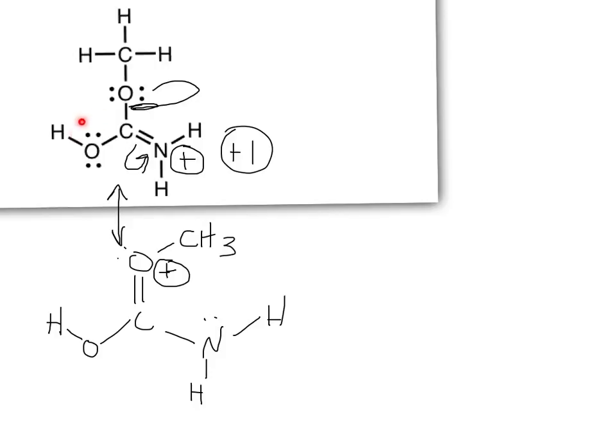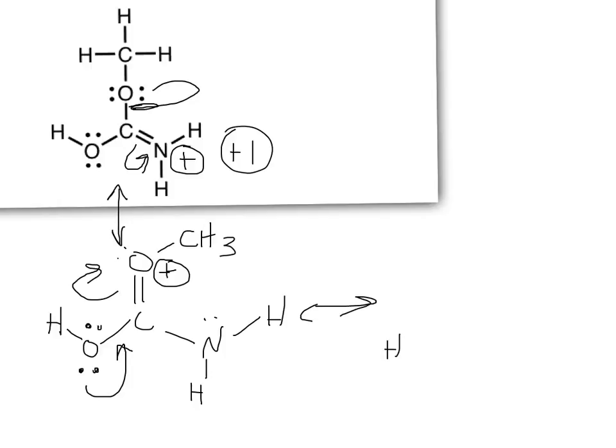There's another resonance structure, and I could use a lone pair on this oxygen, or if we start from this resonance structure, let's put that lone pair in, and there's 2 lone pairs. And we can generate the other resonance structure by pushing electrons this way.